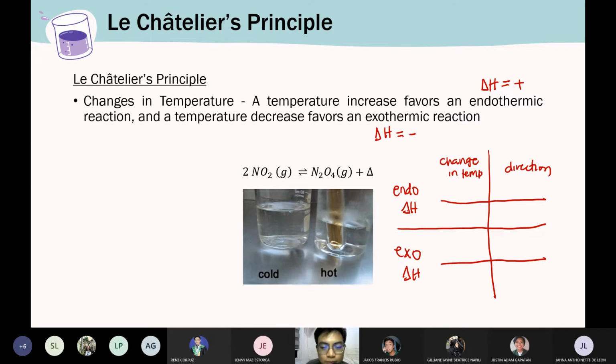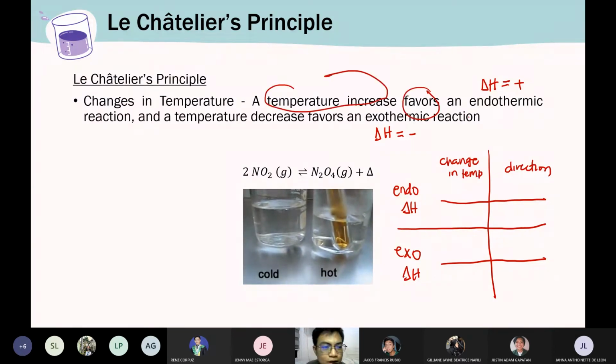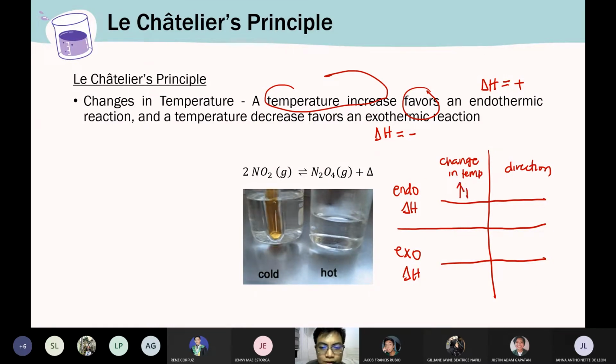Okay, let's talk about the endothermic reaction. It says a temperature increase favors an endothermic reaction. What does it mean? If you increase the temperature, favoring means it shifts to the right.